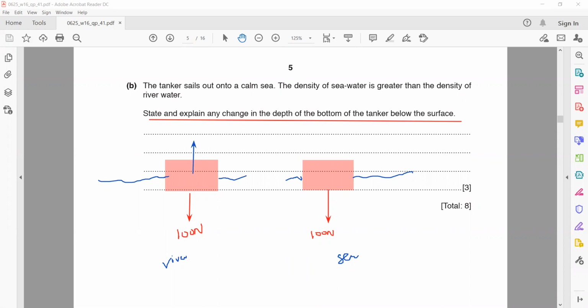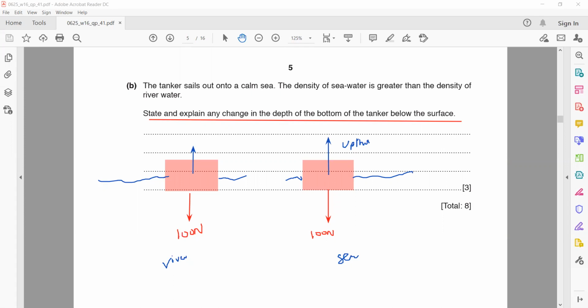So there is an upward force, the upthrust force, from the river water, and there is an upward force from seawater as well. But this upthrust force depends on the density of the fluid. The greater the density of the fluid, the greater the upthrust force.